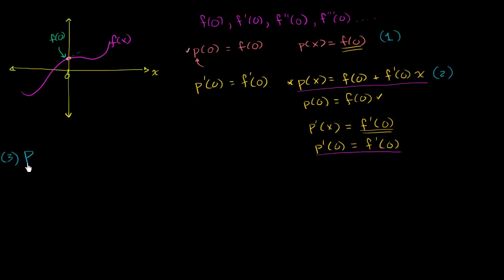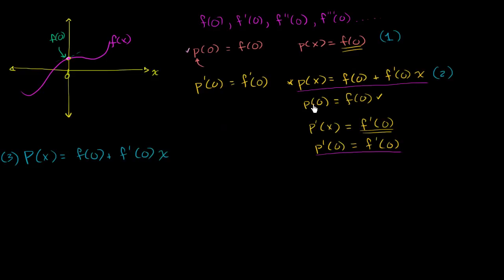So in our third try, my goal is that the value of my polynomial is the same as the value of the function at 0. They have the same derivative at 0, and they also have the same second derivative at 0. So let's define my polynomial to be equal to the first two terms of these guys right over here. So it's going to be f of 0 plus f prime of 0 times x.